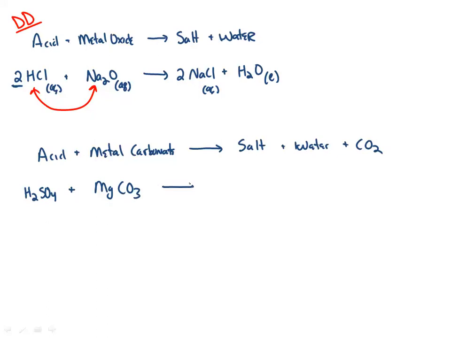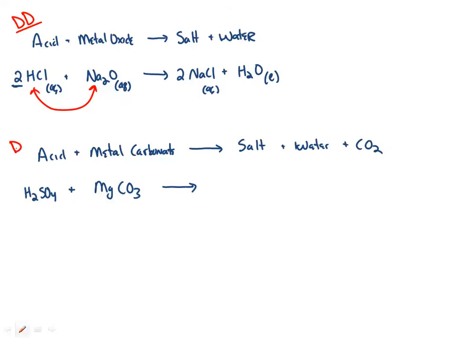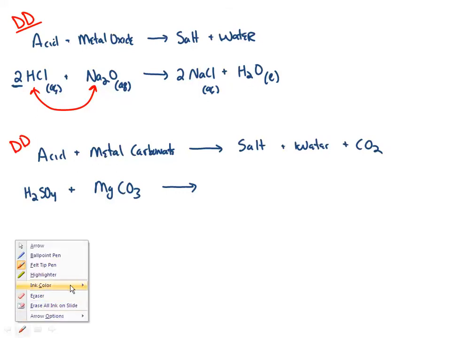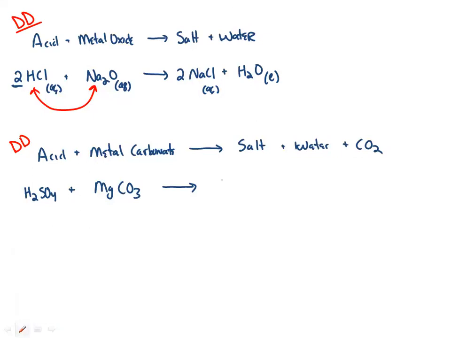plus MgCO3, then notice this is really just going to be a double displacement reaction again, but with a twist in that when we do the reaction we get for our salt MgSO4, but when I swap the other parts I get H2CO3. What do we remember about H2CO3?